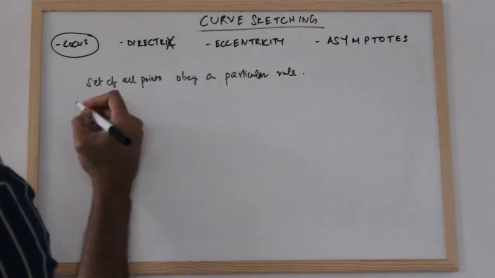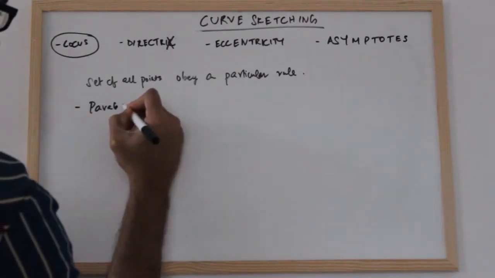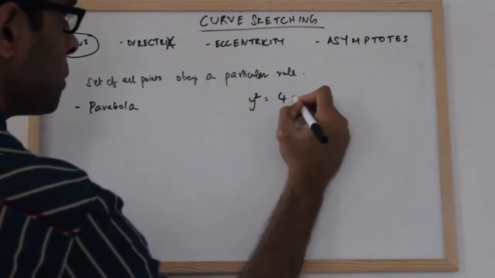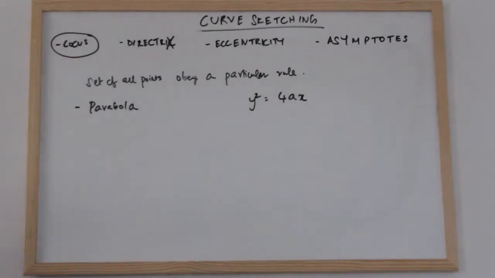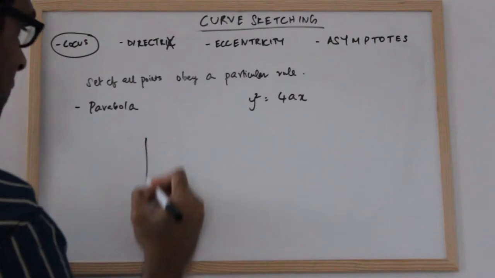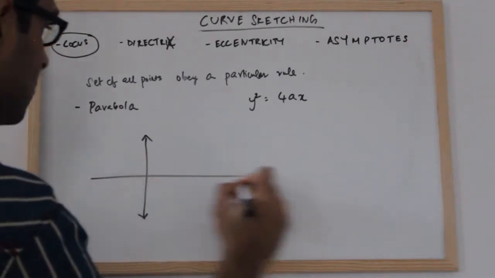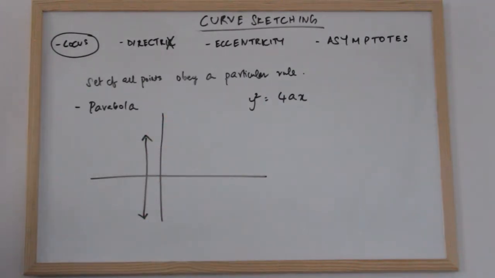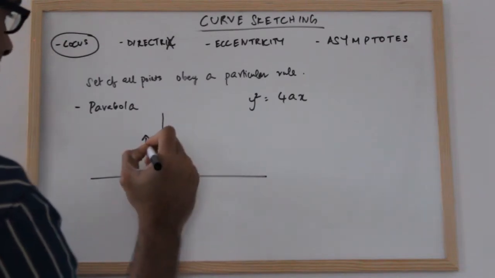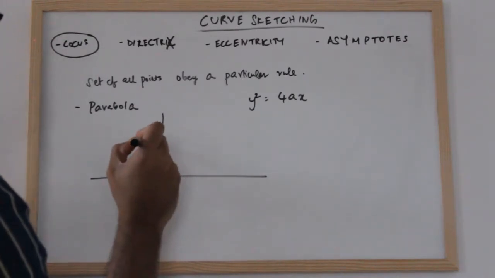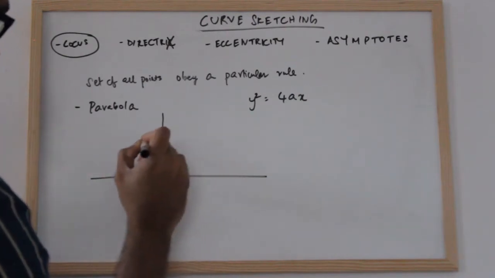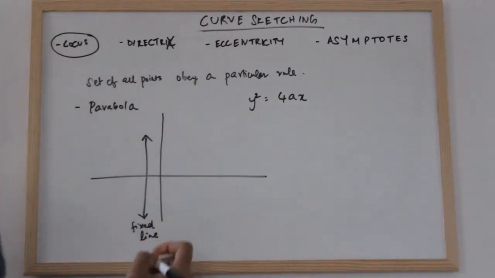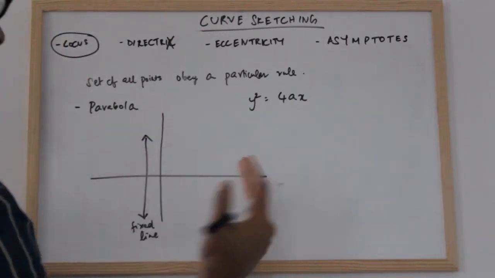Let's take an example. An example is a parabola, which we all know. The equation of the parabola is y square is equal to 4ax. That's one of the examples. Consider there is a line on the left hand side of the y-axis, and we are plotting all the points which are perpendicular and equidistant from this particular fixed line towards our right hand side.